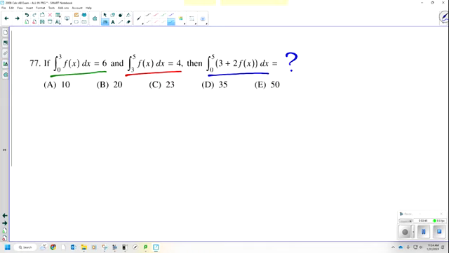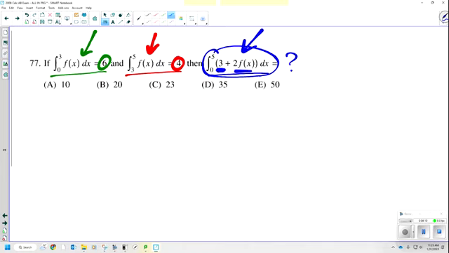So they're asking me from 0 to 5. Let's break this down, and then we can use both of the given integrals and their values to solve our problem. I know I can integrate 3, and I can integrate this separately.